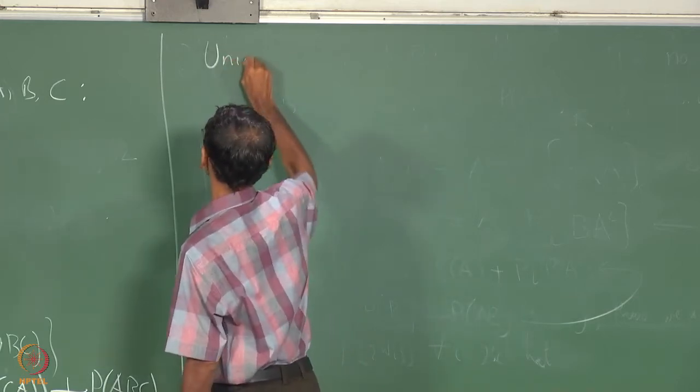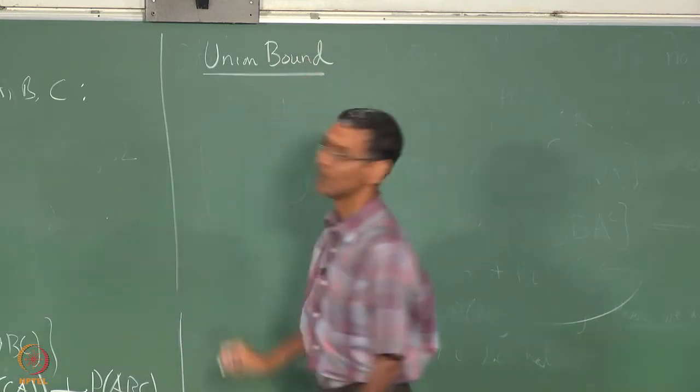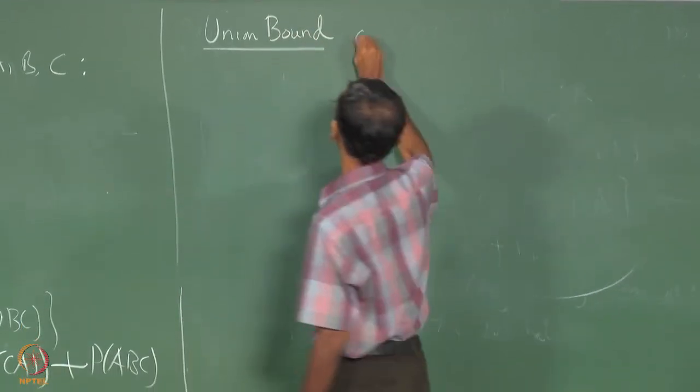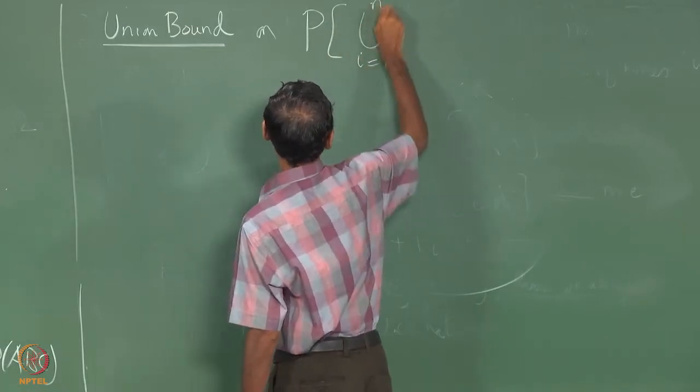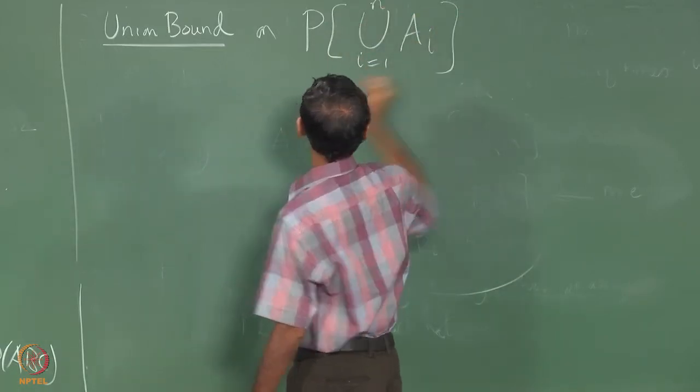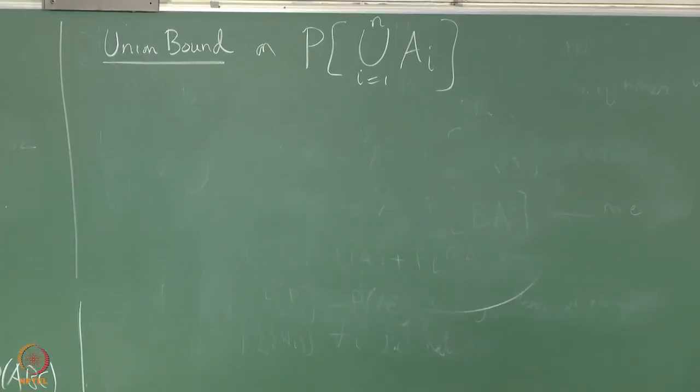The union bound. Union bound on the probability of the union of n events A_i, they need not be exclusive, any n events. Exact calculation is messy, as we just now said.